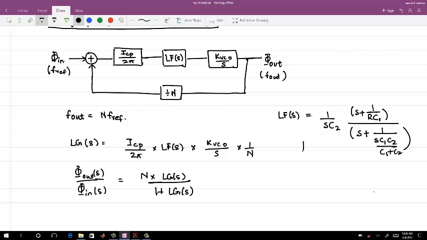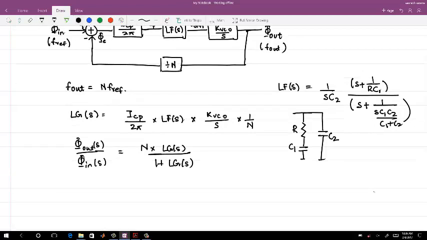The loop filter was a simple resistor with capacitors, the filter we were using the other day. So here I have a phi error, this is plus, this is minus. The output of this is a current, which I can call ICP, going into an impedance producing a voltage V control, and the KVCO is in radian per volt, taking the 2 pi into account.